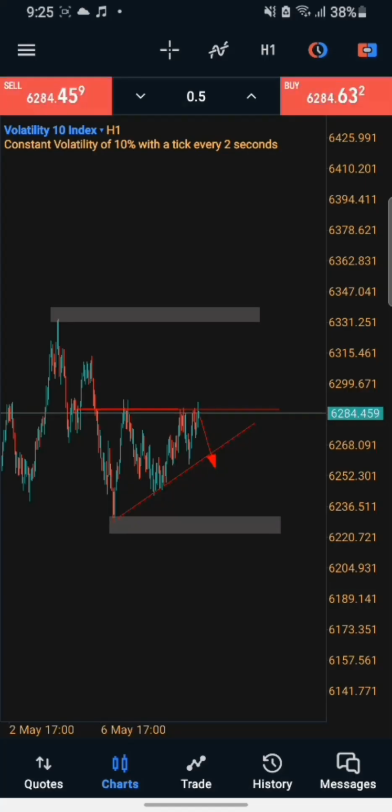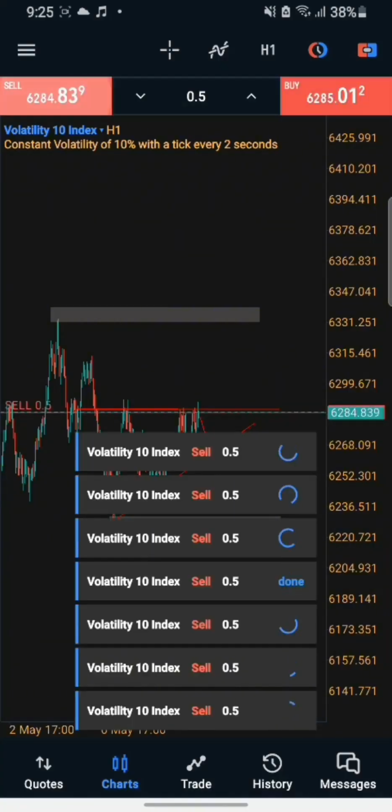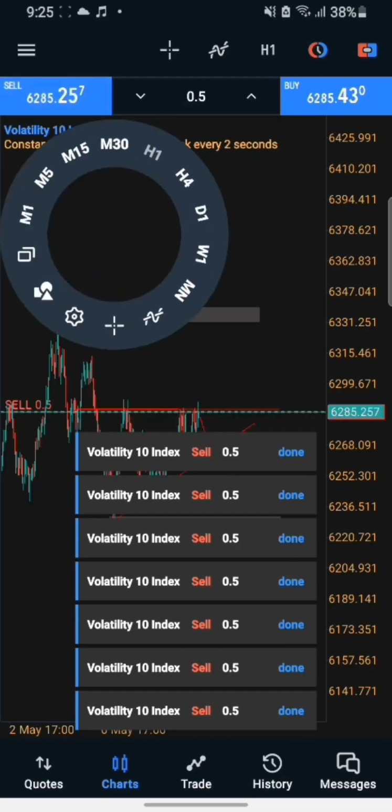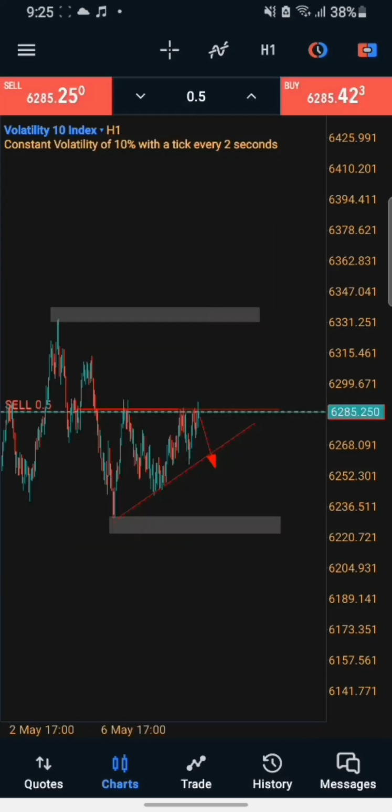So we are looking for sell signals at this point, because the market is at a point of resistance. As you can see, the market failed to break to that side, that upside. So we are going to sell.